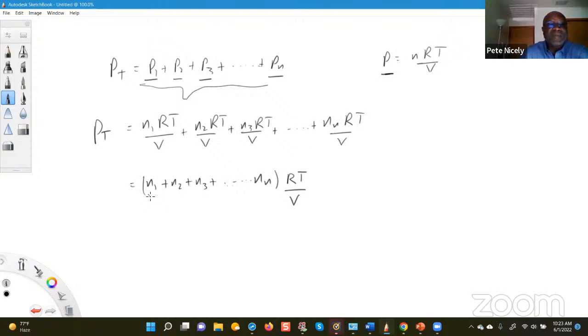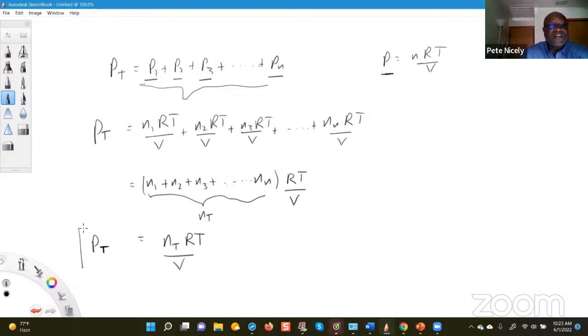So this here is basically the sum of the moles of all the gases in the mixture, so we can replace that with nT. So the final equation for the total pressure of the gaseous mixture will be equal to the total number of moles times R times T divided by V.